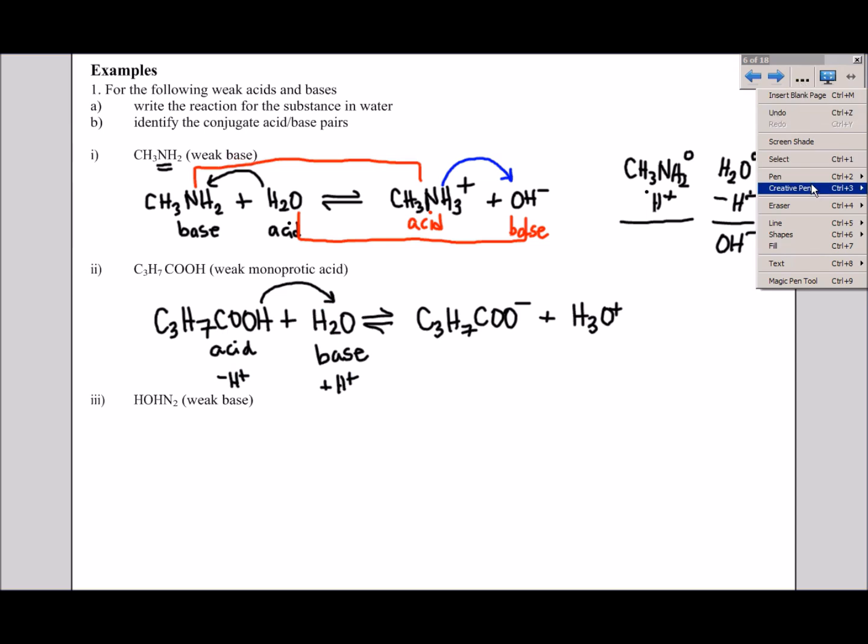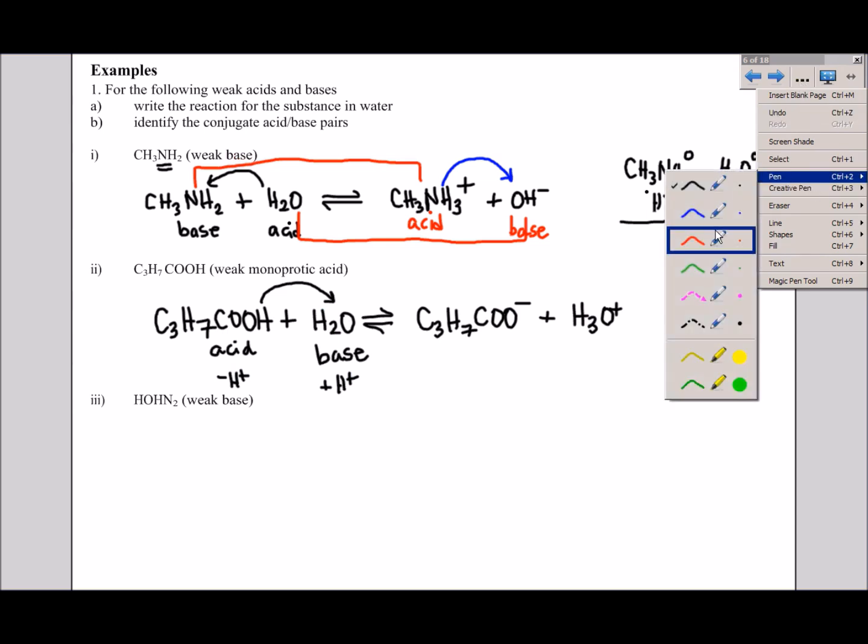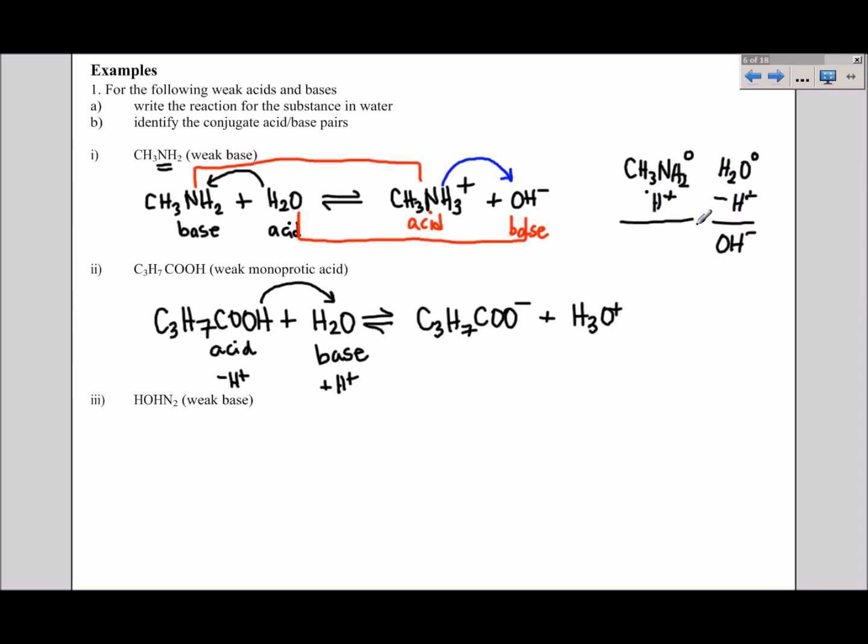If you check the charges, you'll see that they're properly balanced at 0 on both sides. And as expected, an acid will produce hydronium ions in solution. And the conjugates here, this is an acid and this is a base. And the hydronium is an acid.